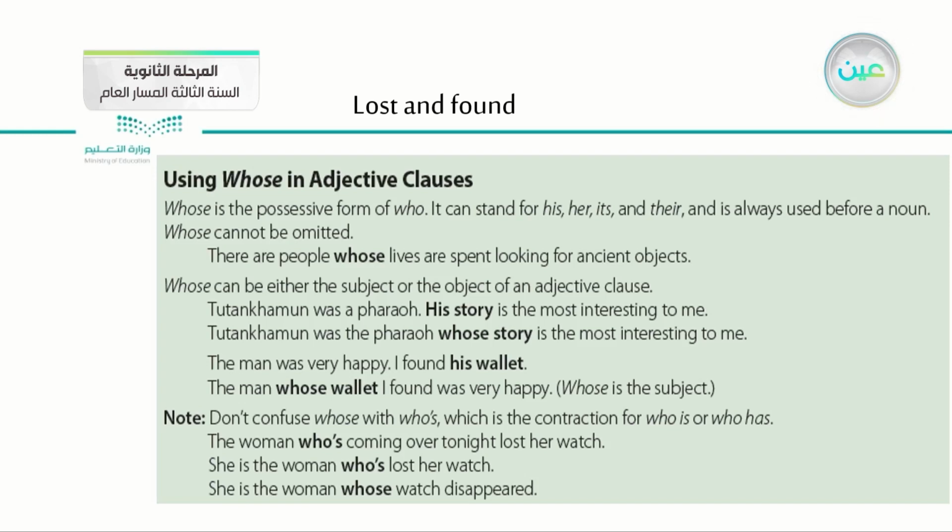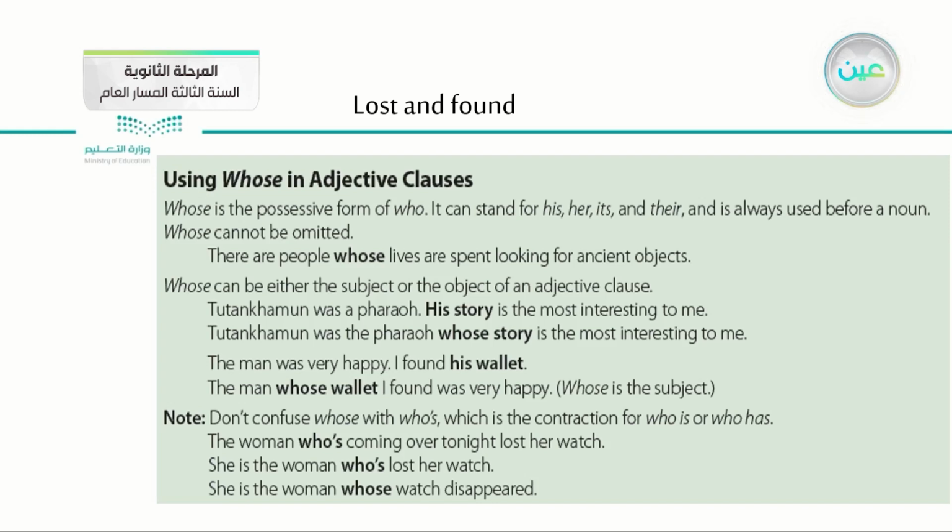Tutankhamun was the pharaoh whose story is the most interesting to me. Let's make a comparison between this sentence and this one. As you see here, we have this part, which is called the main clause, and it's the same here, while in this part we have another clause which consists of subject, verb, object.